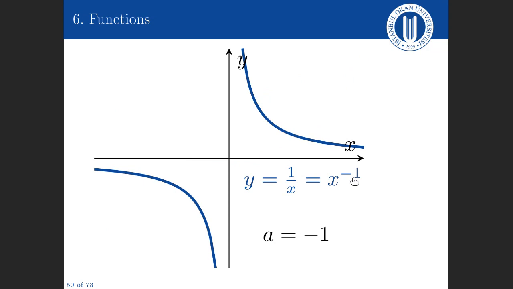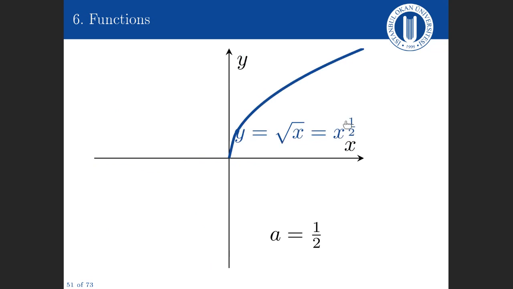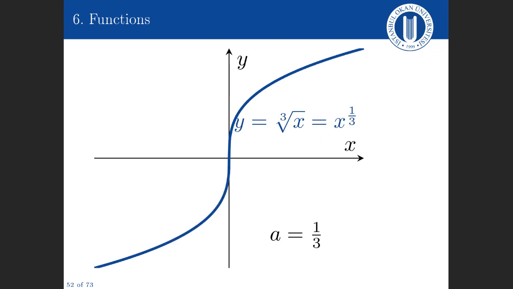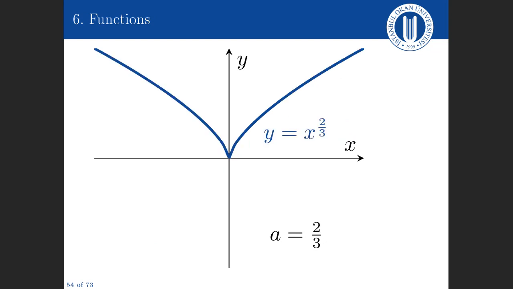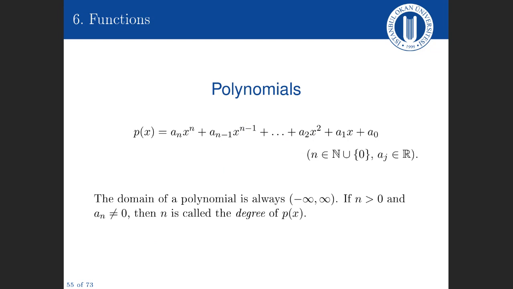X to the power minus 1 is the same as 1 over x. We could use fractions. X to the power of a half means square root of x. Or cube root of x, x to the power 1/3. X to the power 3 over 2. X to the power 2 over 3. And so on.